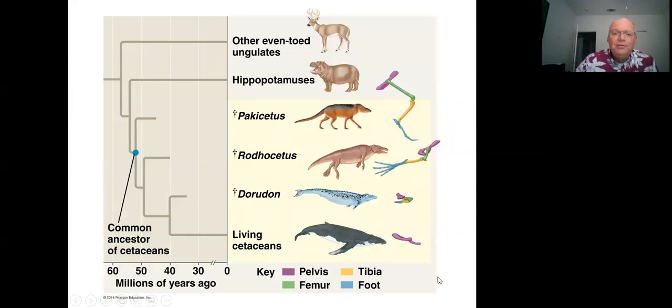So this shows you the origin of whales and the connection back to their closest living relatives, but also to the ancestors that we have in the fossil record. And Pachycetus, which was found in, of all places, Pakistan, is actually the terrestrial tetrapod ancestor of all modern whales, based on the ankle bone evidence and some other evidence that we have. We might get into a little bit more detail in a later chapter.